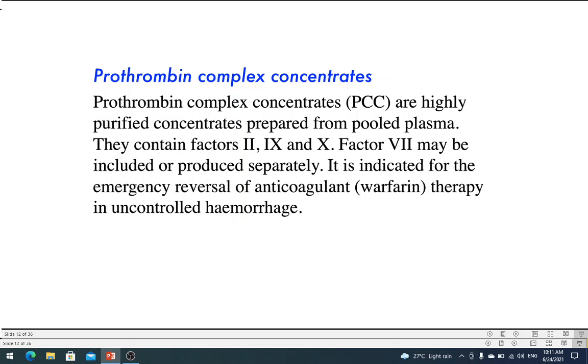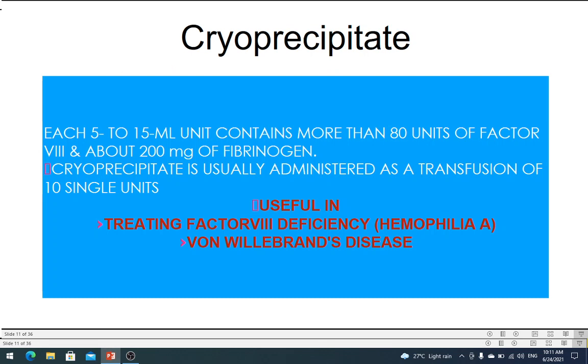You thaw it, that is, you bring it up to about minus 4 degrees centigrade, and then the precipitate is what is called platelet. This slide is wrong. It's called cryoprecipitate. So you will have the supernatant, and the thing that you get at the bottom, the precipitate, is cryoprecipitate.